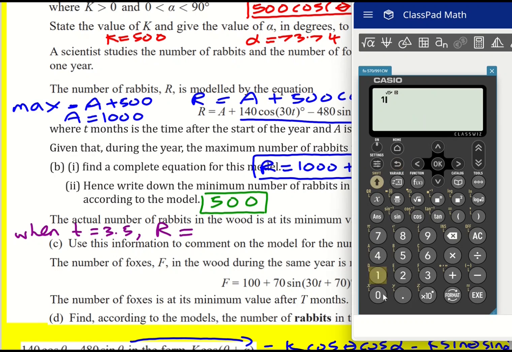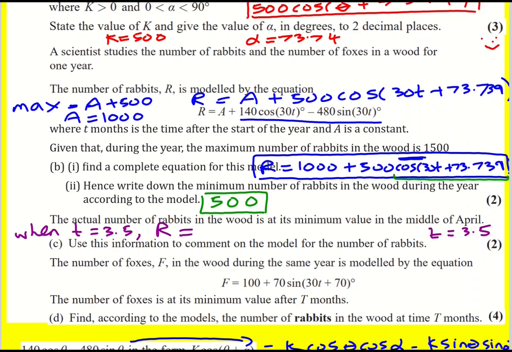Okay, so now I've got 1,000 plus 500 cos(30 times 3.5 plus 73.739). And this gives, wow, 500.12.